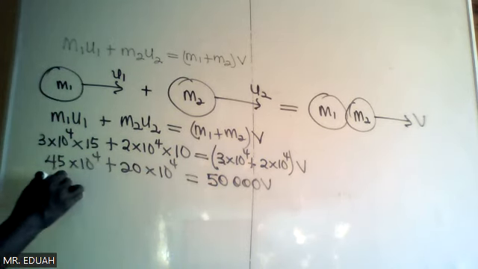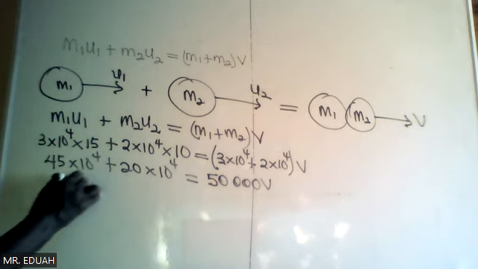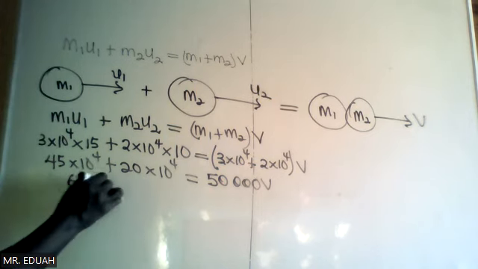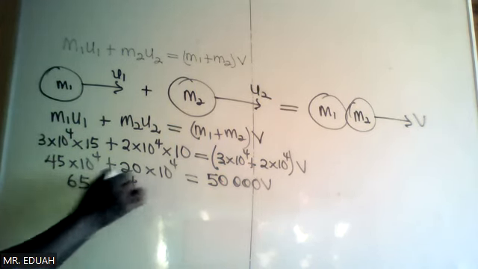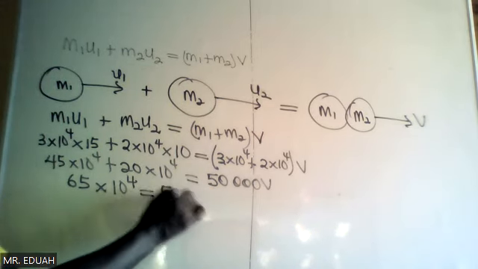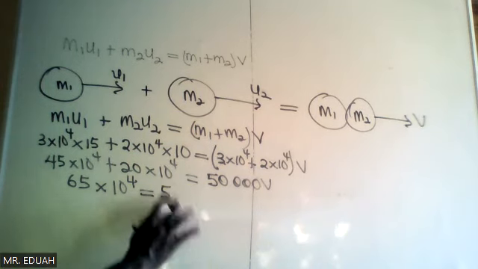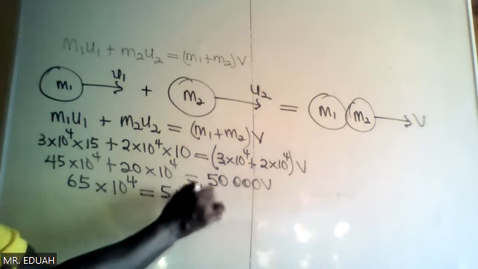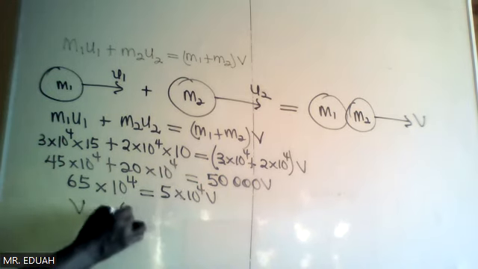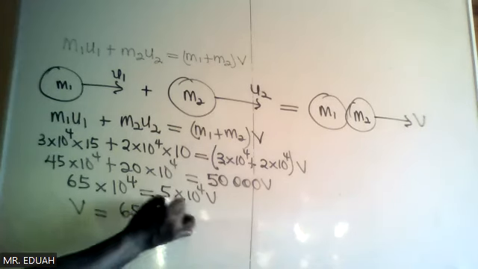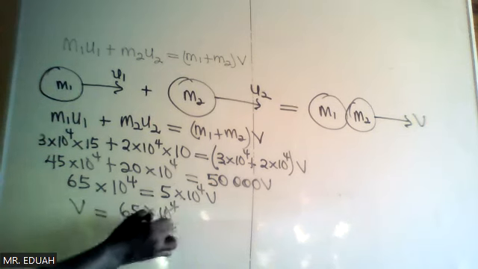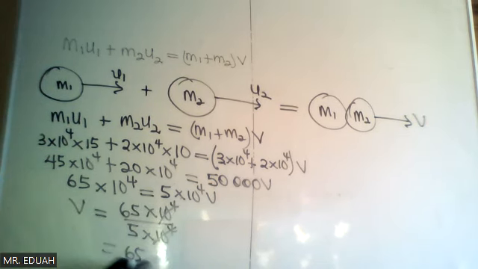This plus this, we have 65 times 10 to the power 4, which is equal to 50,000, or 5 times 10 to the power 4, V. So dividing through by 50,000, you have 65 on 5.